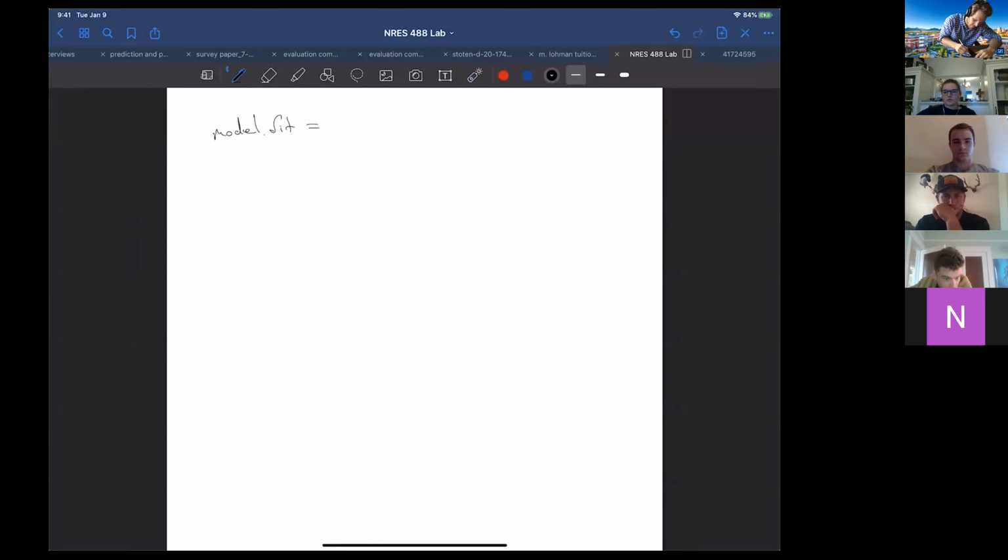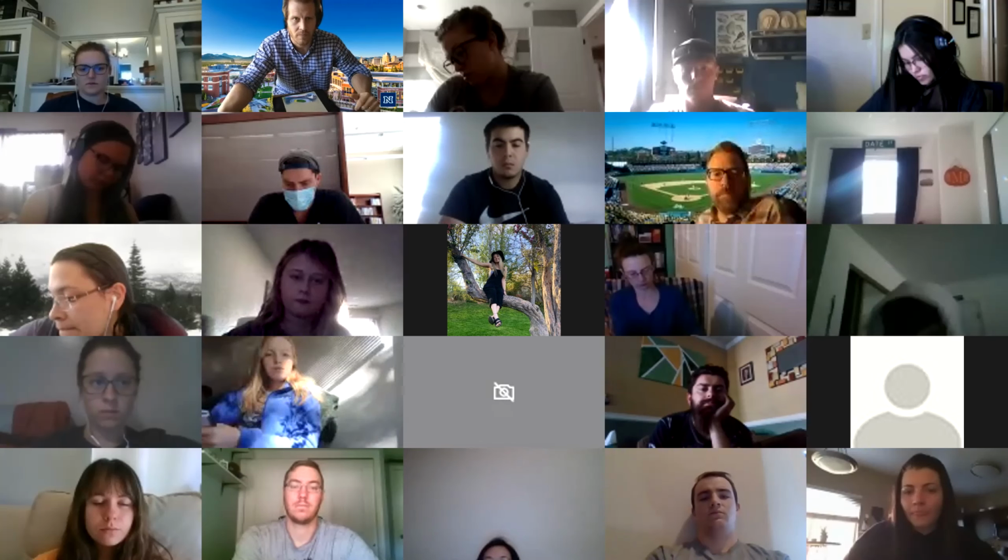This is R code now: model fit <- lm(y ~ x). Now we've created an object called model fit that stores all of our fitted model results. If we do the command plot(model fit), it'll give us three plots that examine those three assumptions of simple and multiple linear regression. It's just one command, and it gives us the next three plots that I'm going to show.